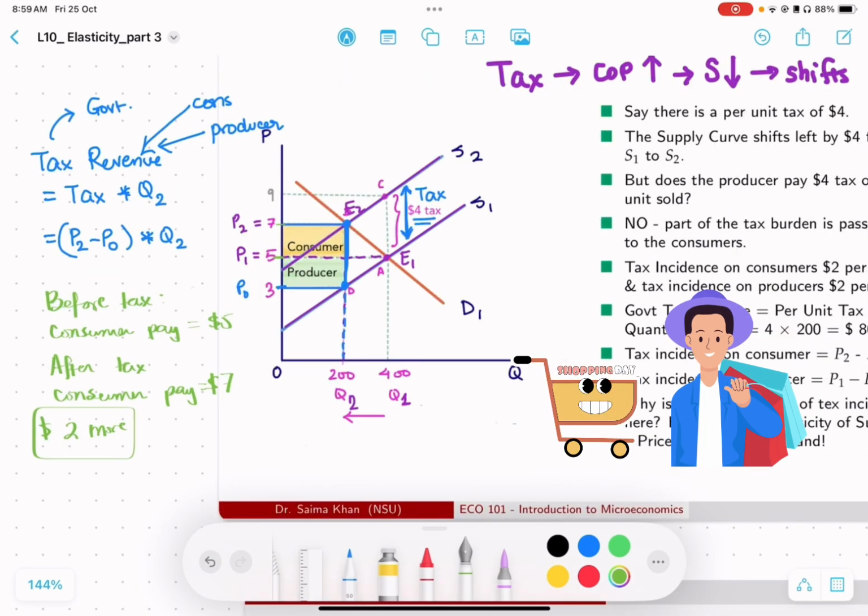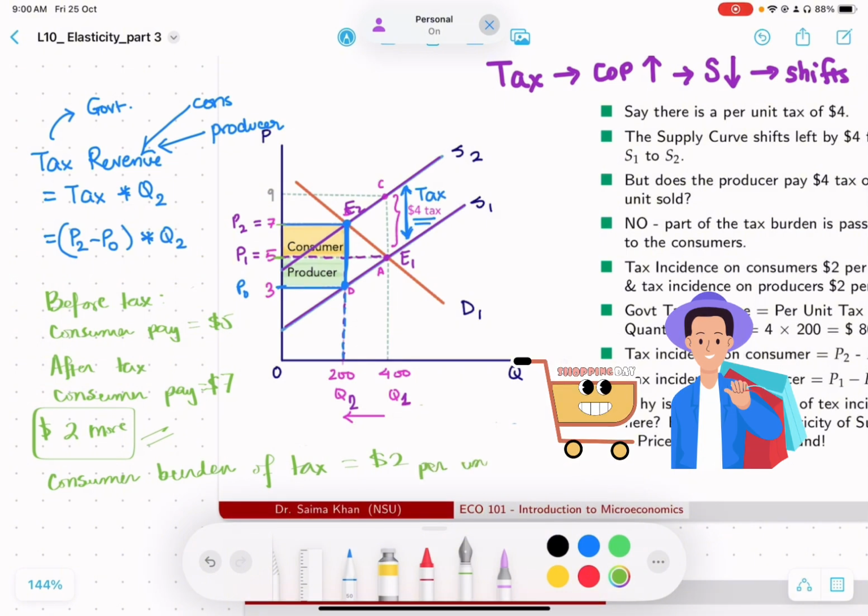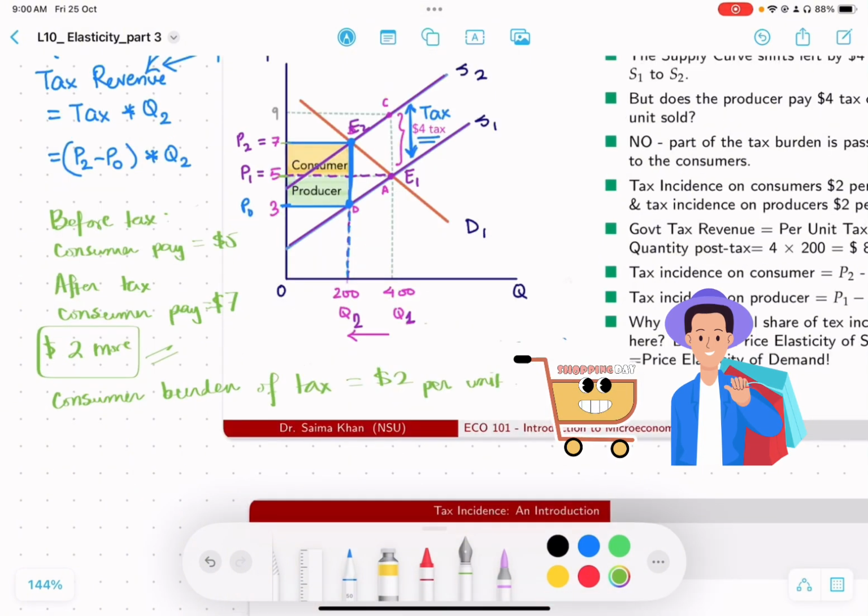Even though tax went up by $4, the consumer is only paying $2. So the consumer burden of tax is $2 per unit. For Q2, the consumer burden is $2 times Q2. More generally, this is P2 minus P1 times Q2.